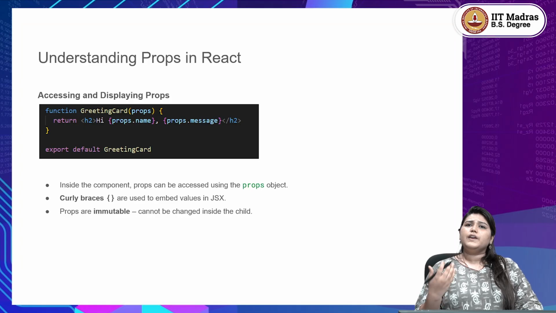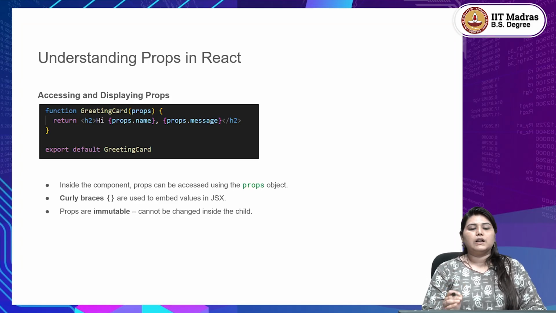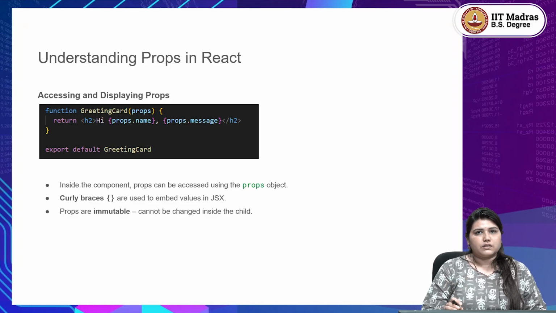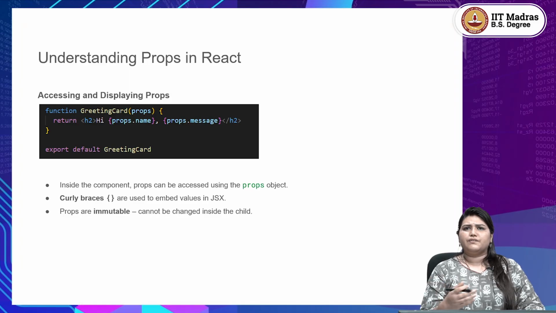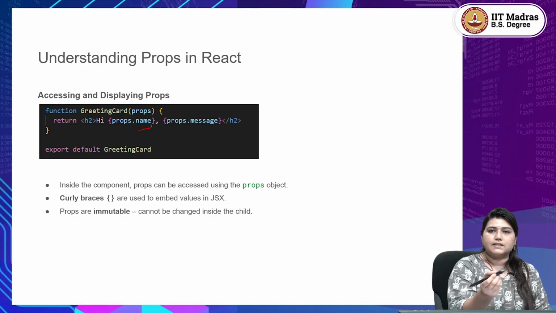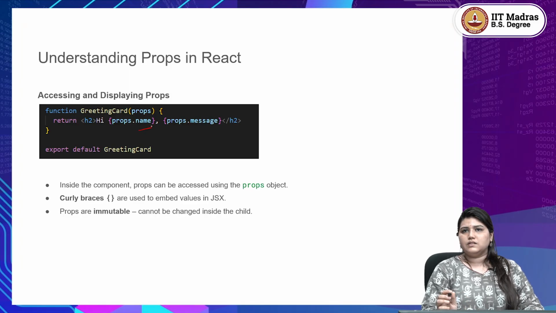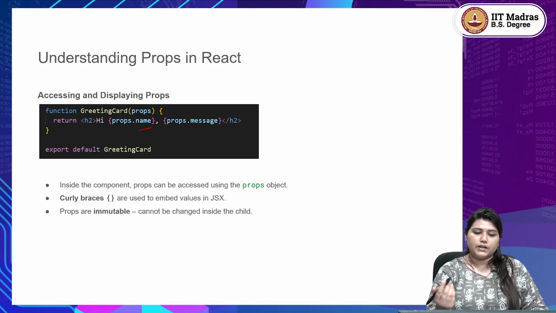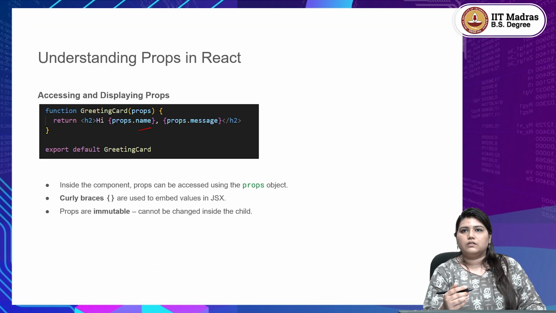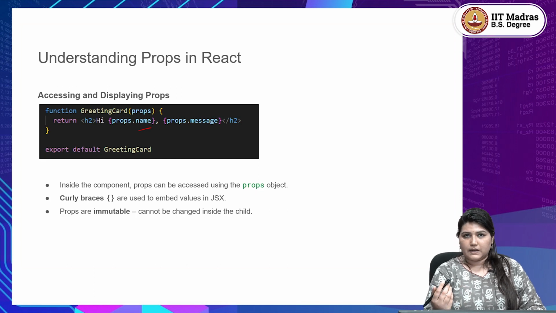Now, how do we actually use props inside a component? When a component receives props, they arrive as a single object, usually referred to as props. Inside your JSX, you can access and display props using curly braces. For instance, you could write props.name to insert the name that was passed in.